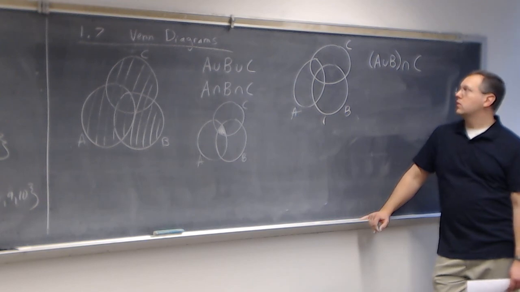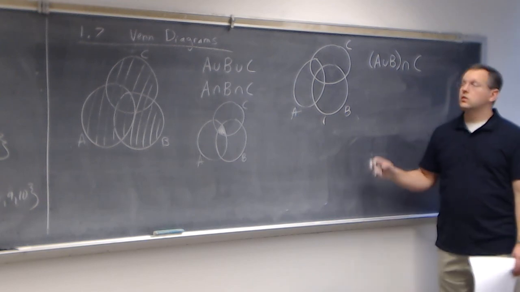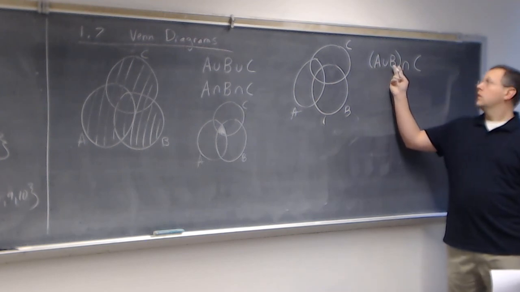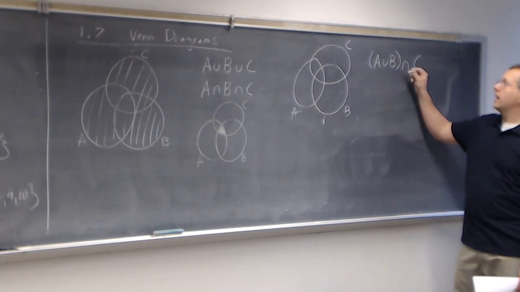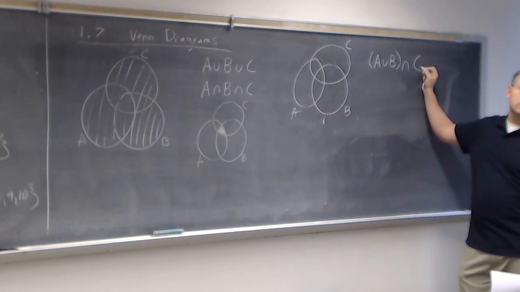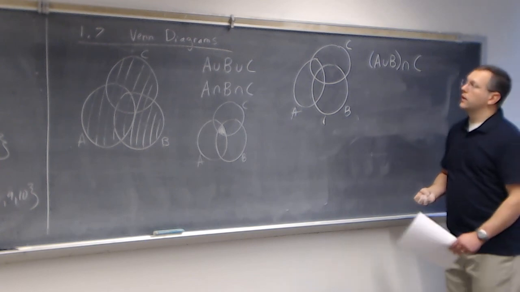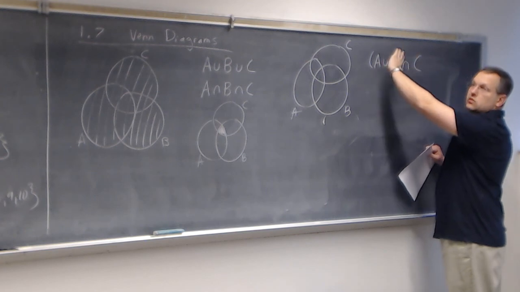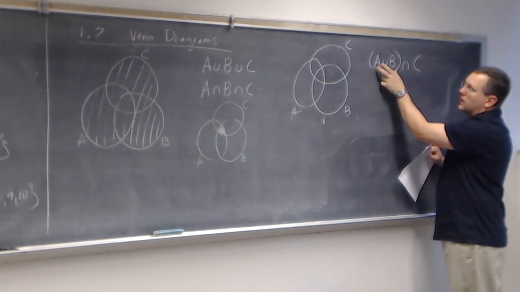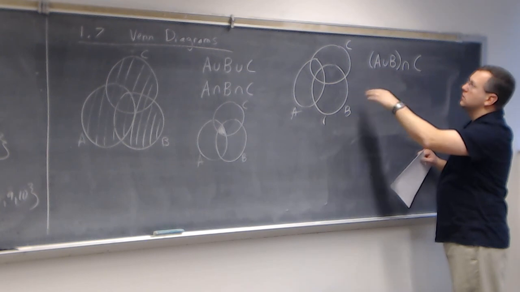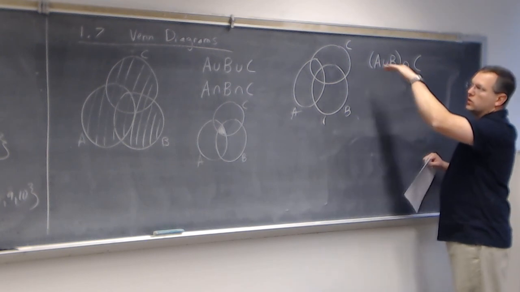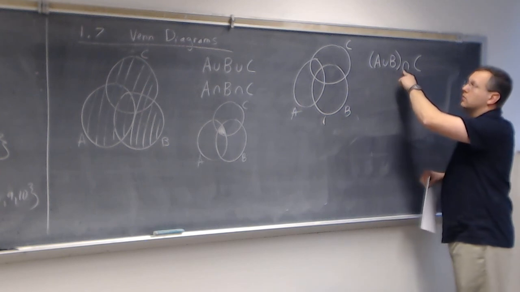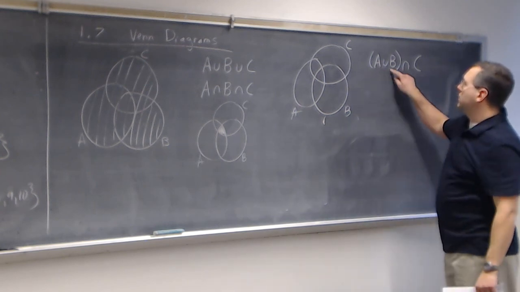It's the set of elements in A or in B and in C. So here's the trick. Really think of this as the intersection of 2 sets. I'm going to shade the first set with vertical lines, and the second set with horizontal lines, and then we'll look at where those 2 overlap. So what does A union B look like?